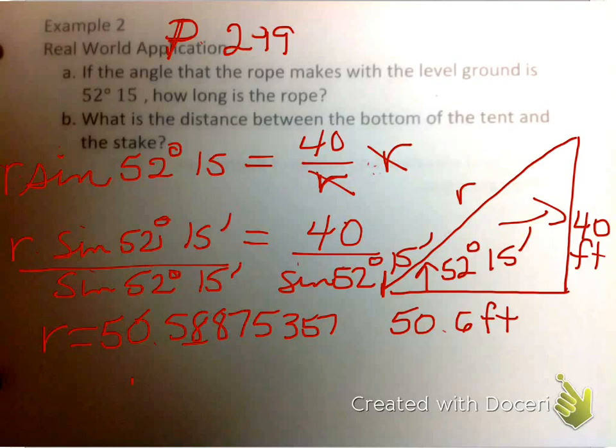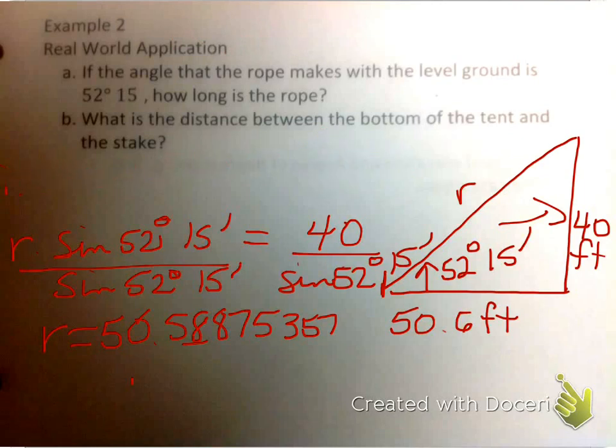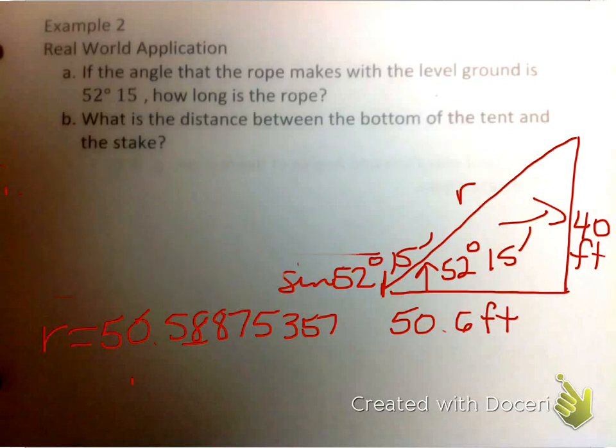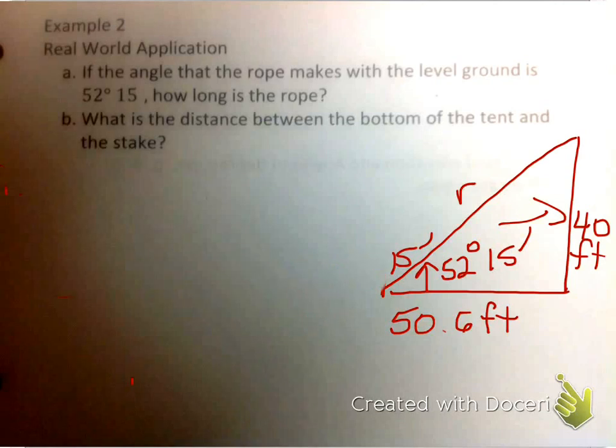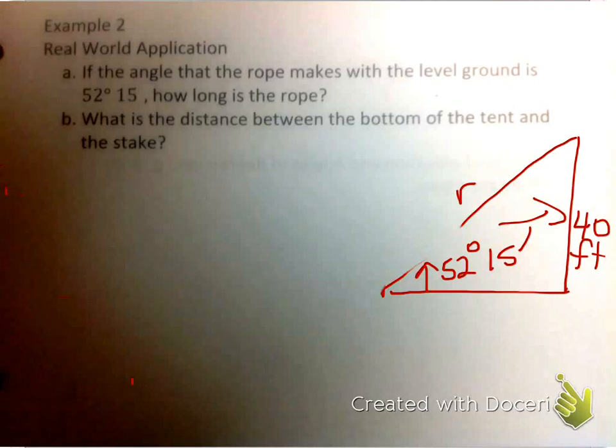Okay? We are going to erase this so that we can do the B part. I'm going to keep the triangle here because the triangle is adequate for the next problem. Alright, let's look. It says, what is the distance between the bottom of the tent and the stake? Well, I'm going to call this D for distance.